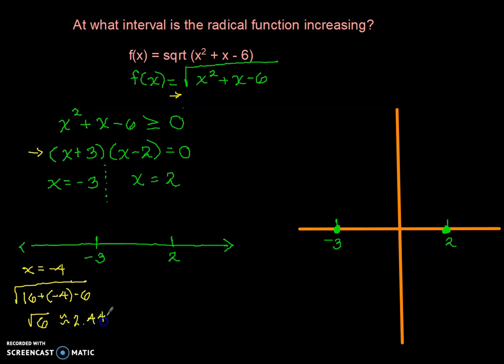All right, so from here, we'll test out one of the numbers in the middle between negative 3 and 2. So that would give me x equals 0. Now, when x equals 0, technically, I would find my y-intercept. So if I replace all these x's with 0, 0 squared plus 0 minus 6, well, that would give me square root of negative 6, which can't happen because we can't take the square root of a negative.